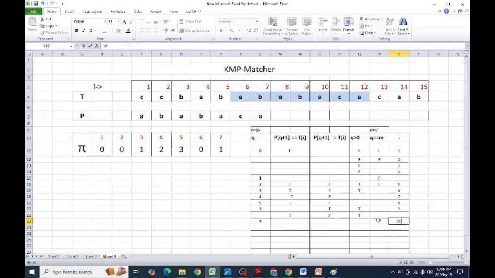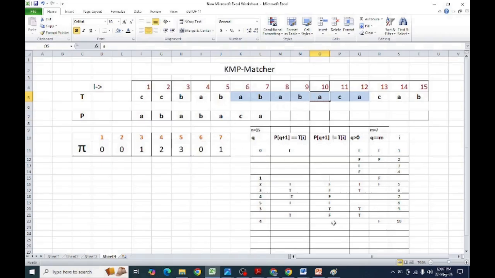Then we will check P of q plus 1, that is P of 5. Is it equal to T of 10? T of 10 is this, so there is a match.